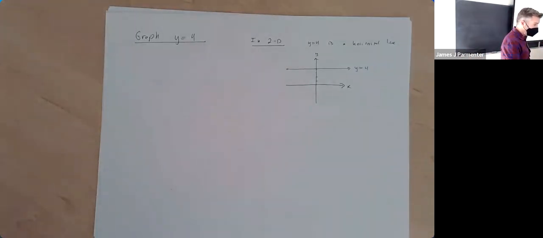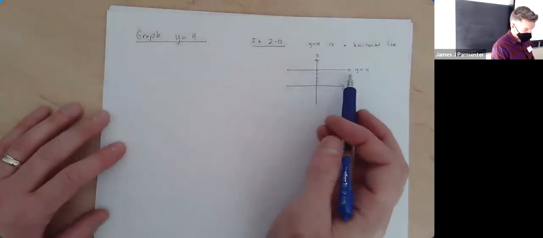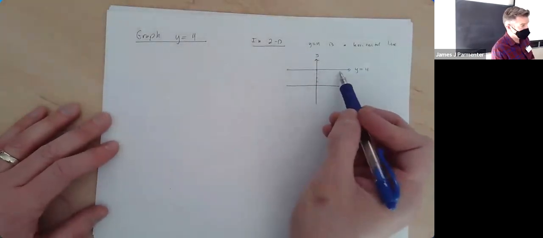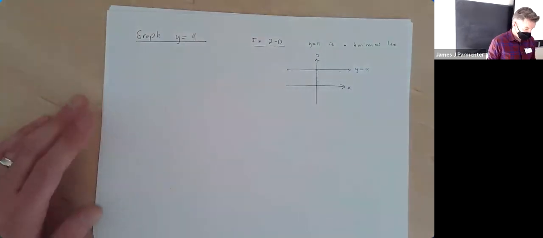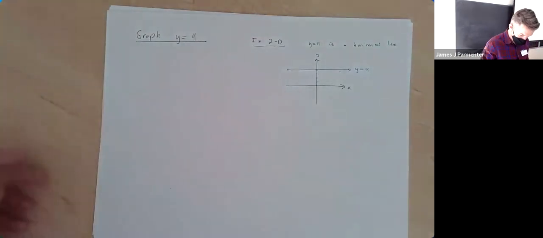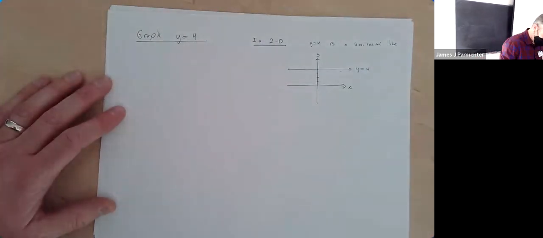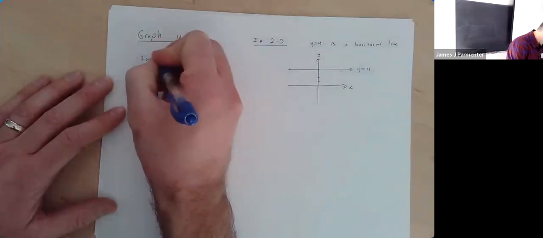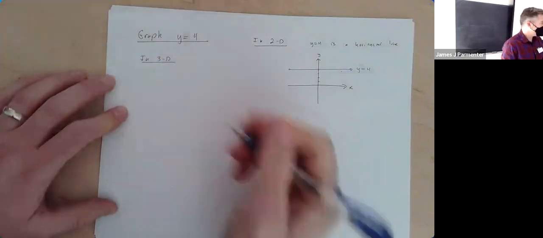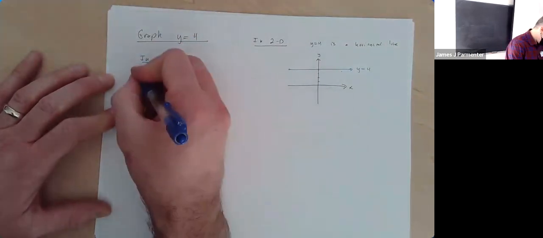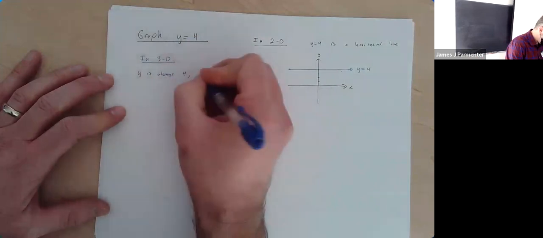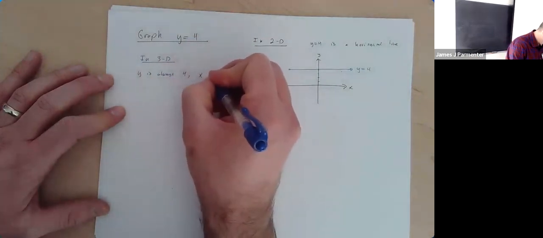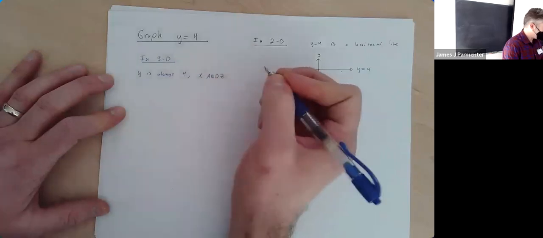So y equals 4, you get the horizontal line where y is always 4, and x takes on any real number value. So in 3 dimensions, you're still going to get y always being 4. But now x and z can have any values.